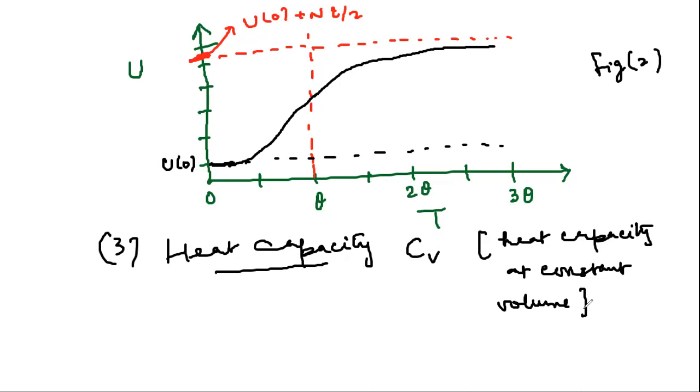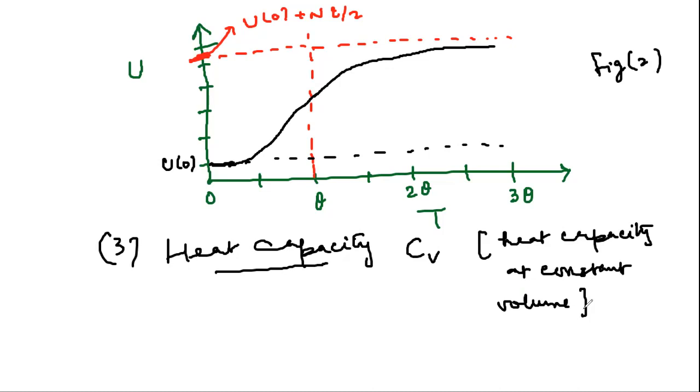Remember the definition of heat capacity is the amount of heat required to raise the temperature of a body through unit degree Celsius when you are putting the heat in the system at constant volume. Then your heat capacity is heat capacity at constant volume.